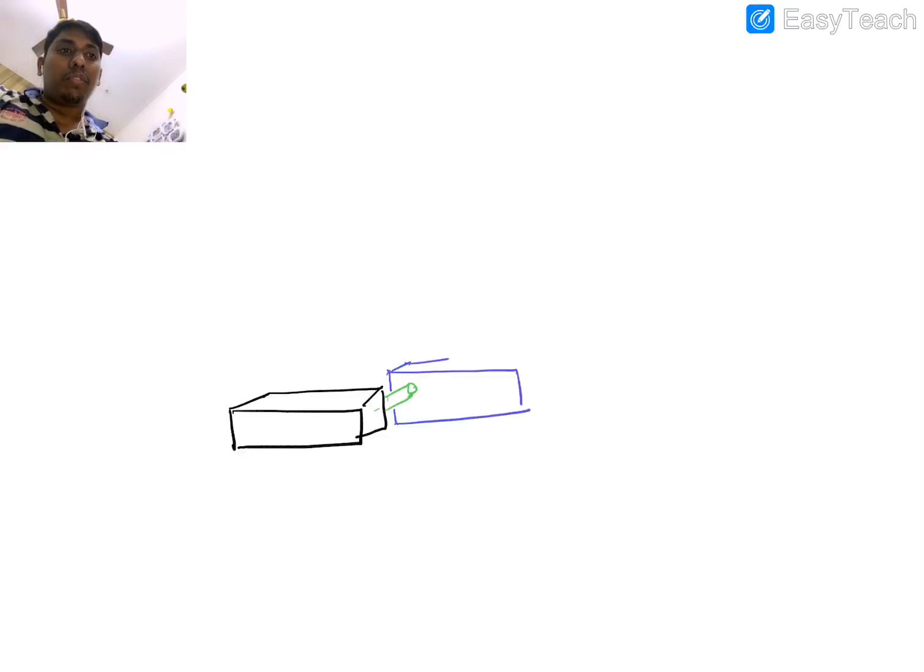These two blocks have one joint, which I show as a pin. Now this is link k-2, and this is link k-1.